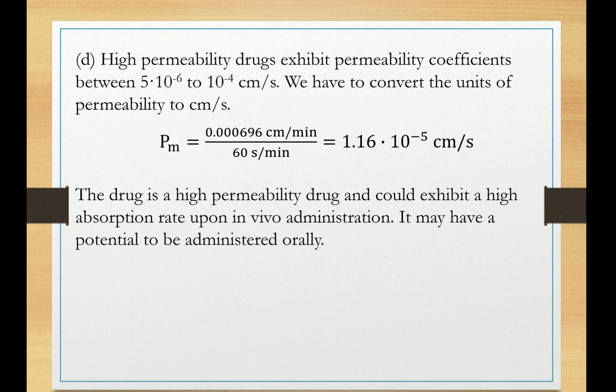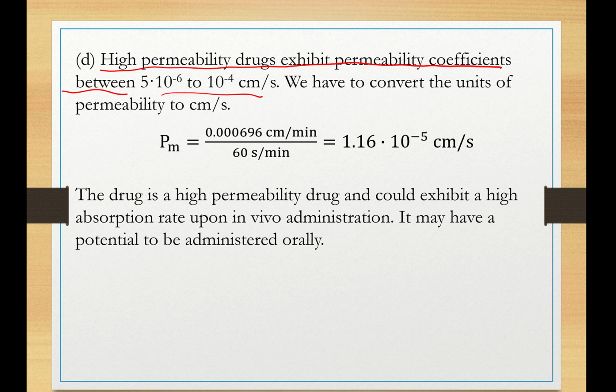Finally, does the drug have a potential to be absorbed if it's given orally? And you need to have this piece of information. Usually high permeability drugs, in other words, drugs that have a potential to be absorbed orally, have a permeability between 5 times 10 to the minus 6 to 10 to the minus 4 centimeter per second.